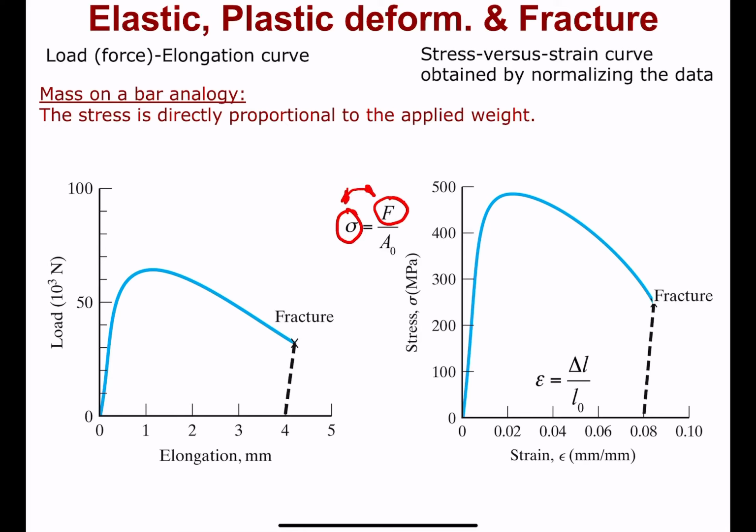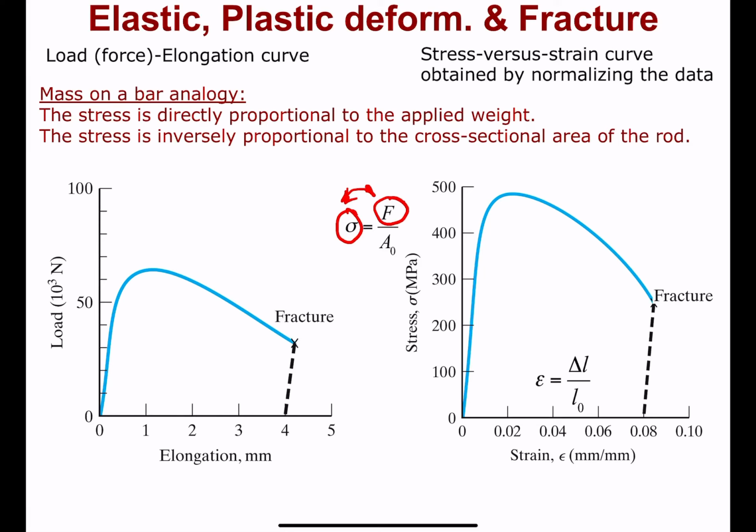So stress is directly proportional to the applied weight in that analogy. Second, how about the cross-sectional area of the rod? If we were to increase the area of that rod, what would happen to the stress? Well, we see here that making the denominator larger is going to have the opposite effect on stress. So stress is inversely proportional to the cross-sectional area of the rod.